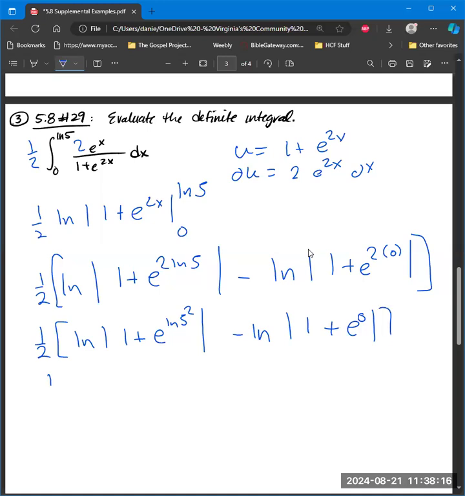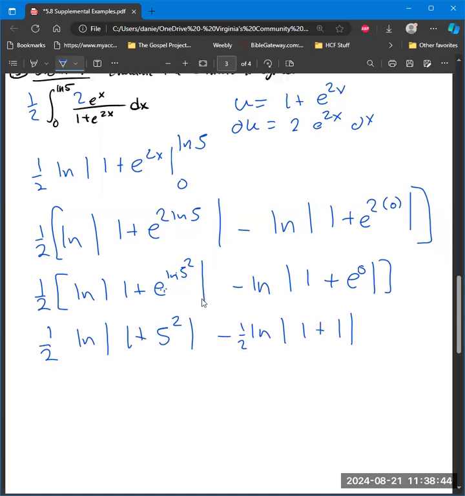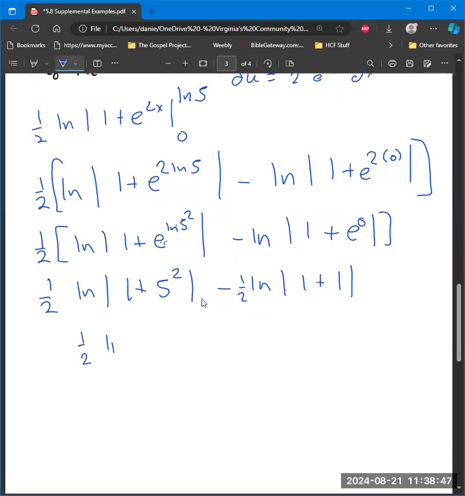This is 1/2 natural log of 1 plus, and then those will undo one another because they're inverse functions, and give me 5 squared. I'll just distribute my 1/2 here and get rid of those parentheses. So this is 1/2 ln of 26 minus 1/2 ln of 2.